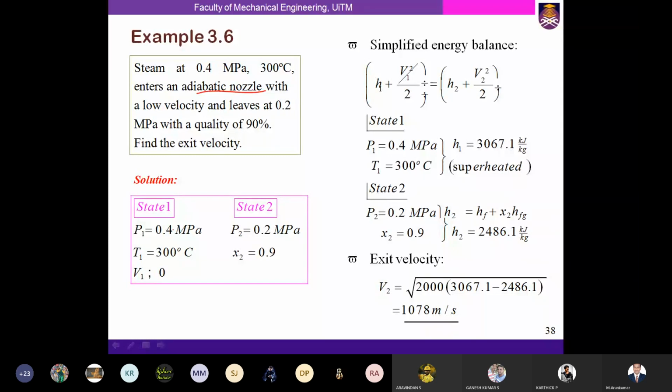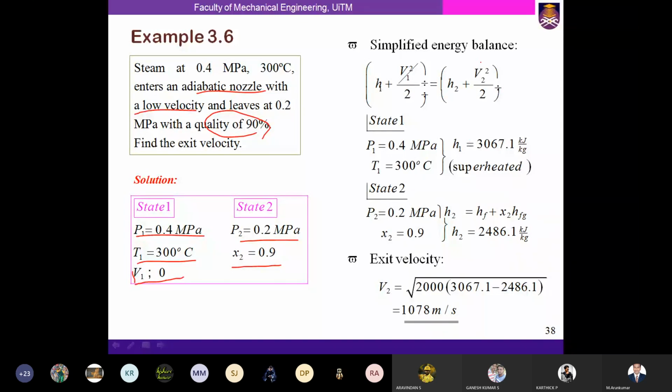They gave P1, they gave T1, they also gave P2, and 90% quality means X2. Also they stated a low velocity, so we can take V1 as 0.